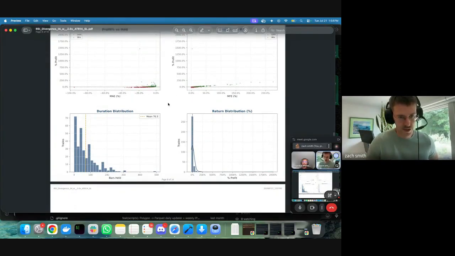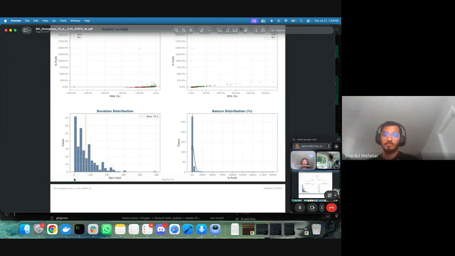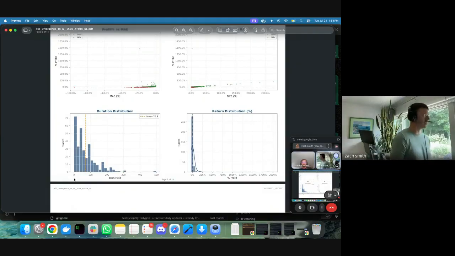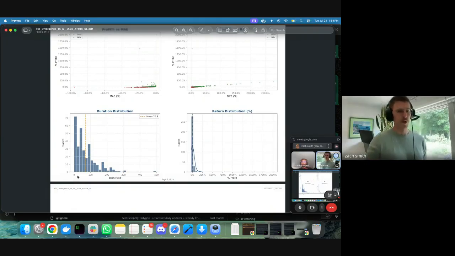And then just duration distribution. This is always interesting. How long are you holding these trades? Most of them are less than 100 days. That's kind of cool. Or bars, rather. We have to keep in mind this is a weekly strategy, so bars held means one weekly bar.